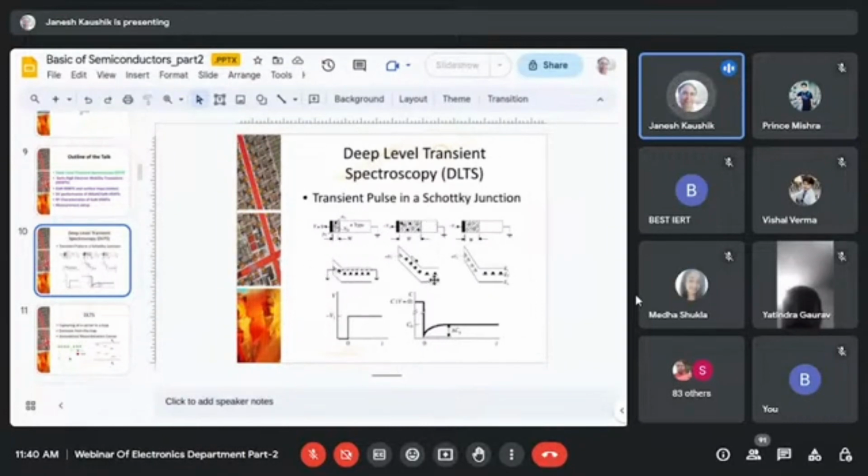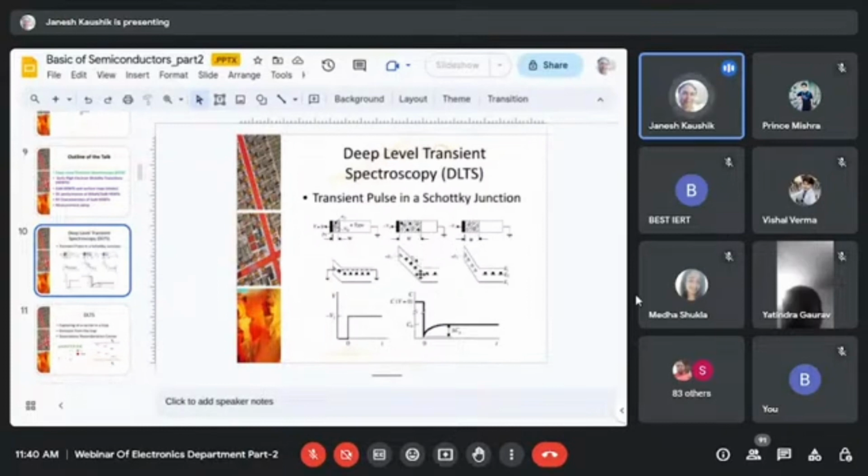In the second diagram, you see the depletion width increases, but after a certain time, which depends on the time constant of a particular trap, that trap will emit the electron. Here it is n-type, so it will emit the electron.